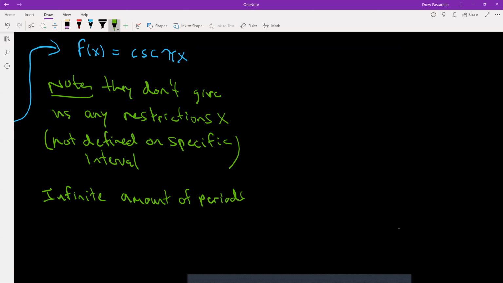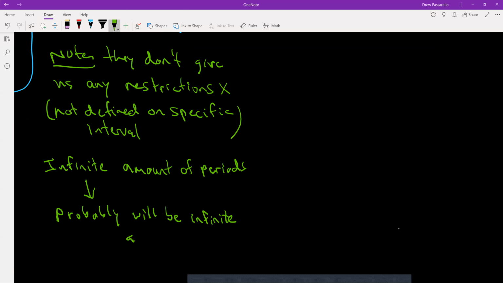It'll be an infinite amount of vertical asymptotes, if it exists, which it will.